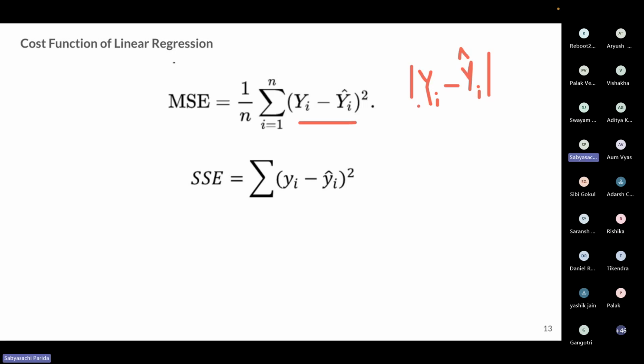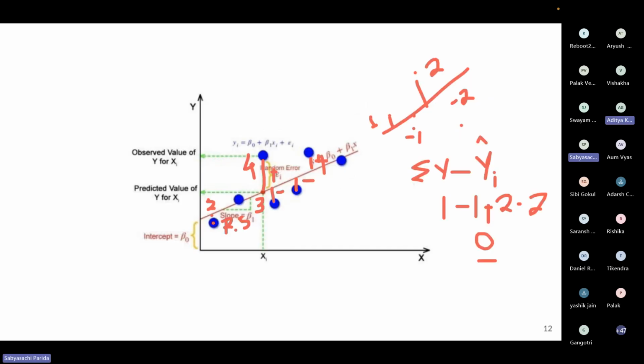Will this solve this particular issue? Can anybody tell me, if I take an absolute of this, will this solve it? Hello, am I audible? Yes, sir, your voice is completely clear. Yeah. So it would always be positive: 1 plus 1 and plus 2 and plus 2, that is 2, 4, 5, 6.